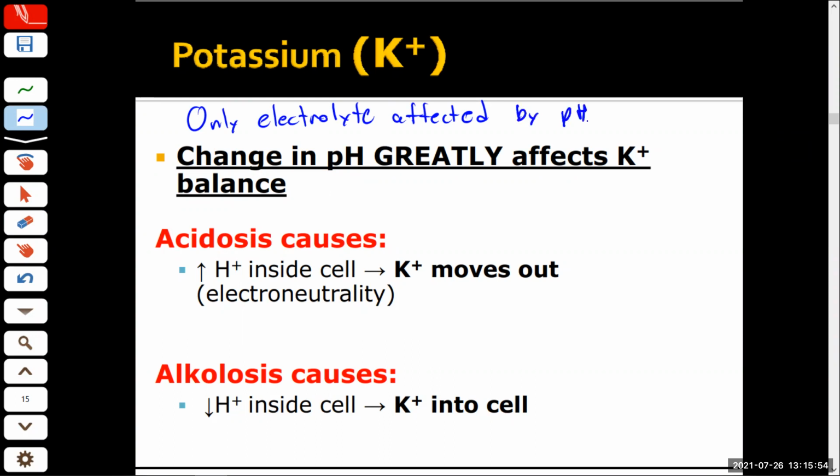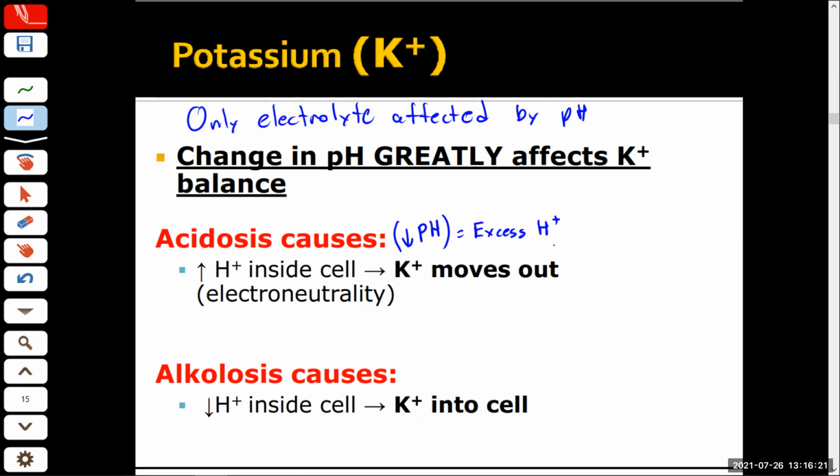By your pH. Okay, so a little bit of Gen Chem review. With acidosis, if you are acidic, is that a high or low pH? It's a low pH. Okay, we're going to review this too when we get to acid balance. We have a low pH, which means I have excess protons.